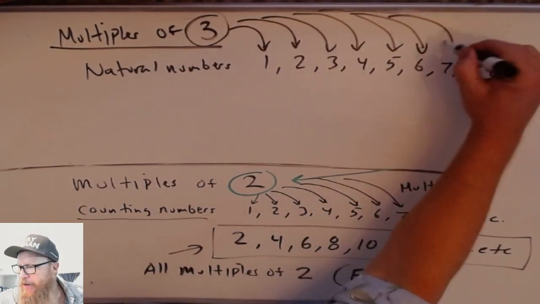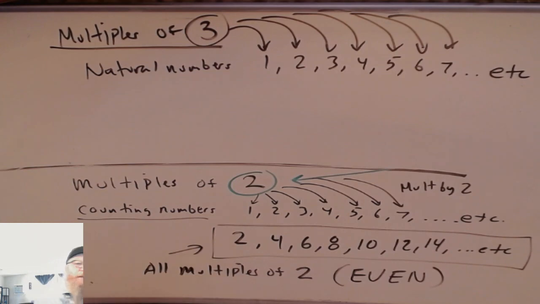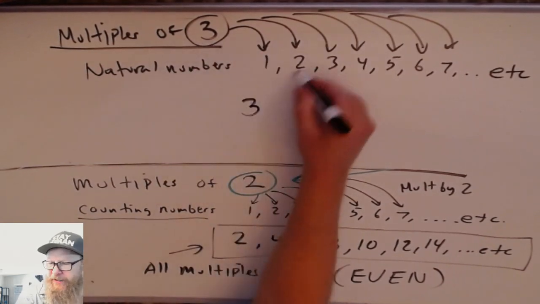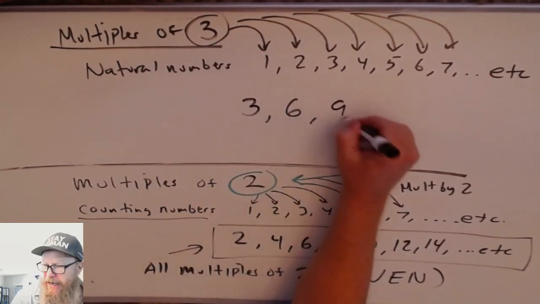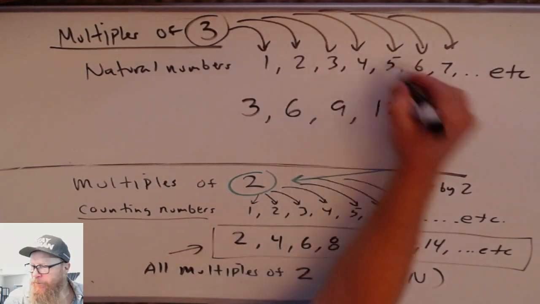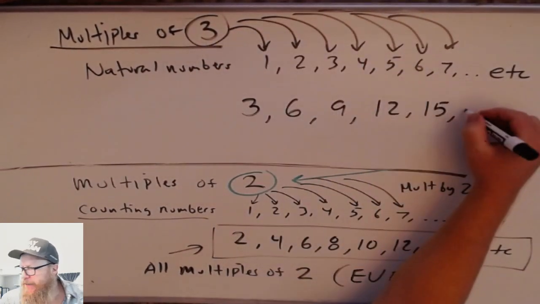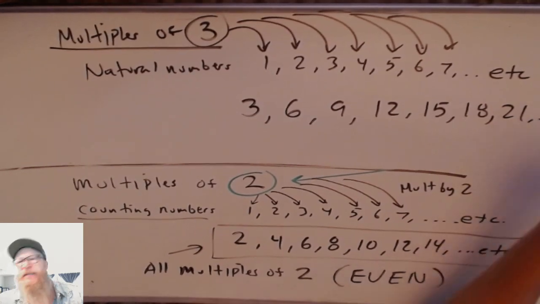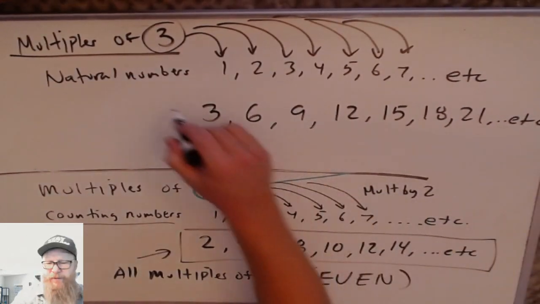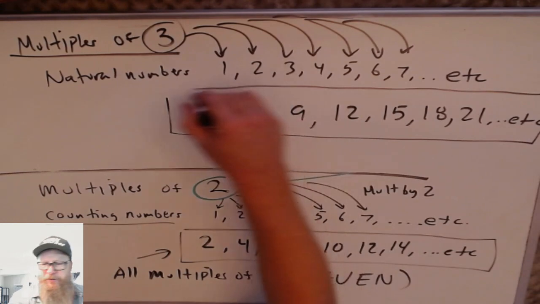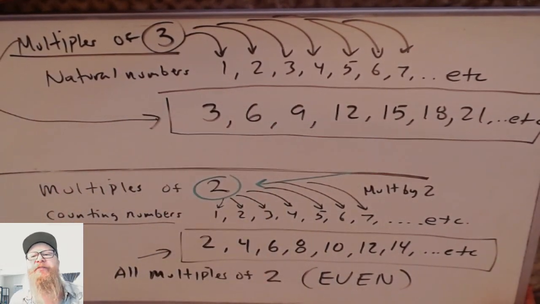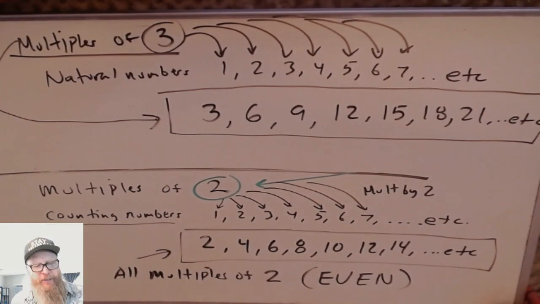So we get 3 times 1, 3 times 2, 3 times 3, 3 times 4, 3 times 5, 3 times 6, and 3 times 7, etc. So these are all the multiples of 3: 3, 6, 9, 12, 15, 18, 21, etc.